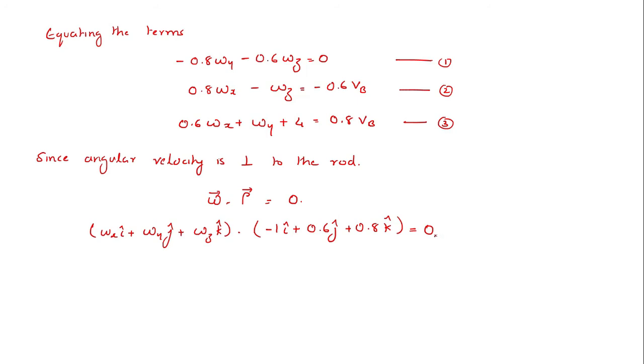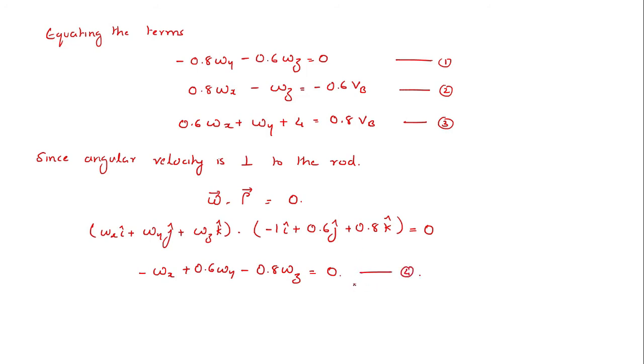Since this is a dot product, i dot i is 1, j dot j is 1, and k dot k is 1. Rest all of these are 0. So if you solve this, you will get minus omega x plus 0.6 omega y minus 0.8 omega z is equal to 0. Okay, so this will be the fourth equation.